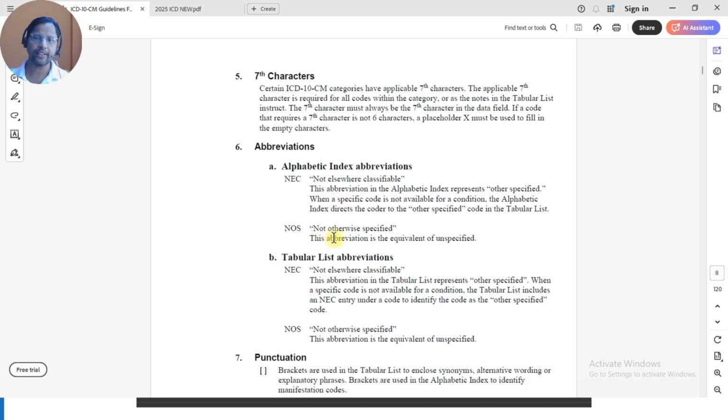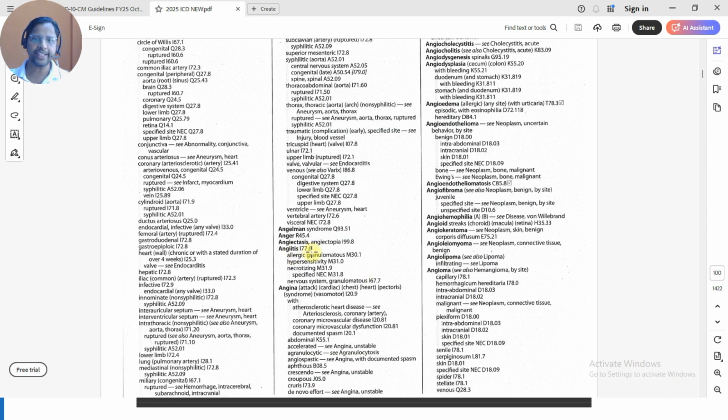Next one is NOS, not otherwise specified. N means not, O means otherwise, S means specified. This abbreviation is the equivalent of unspecified. For example, if the documentation contains only angiitis, and you will not see any allergic granulomatous, hypersensitivity, necrotizing, or nervous system granulomatous, then you need to code I77.6.